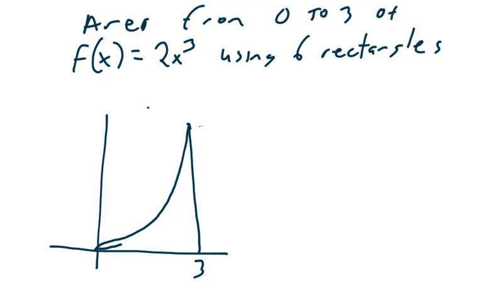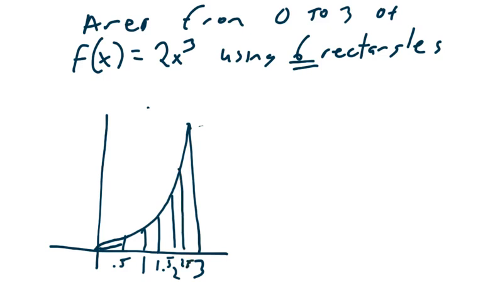Alright, so in example number 1, we're trying to find the area from 0 to 3 of 2x cubed using 6 rectangles. I use 6 rectangles because it's easy for us to figure out that each one of these is 1/2.